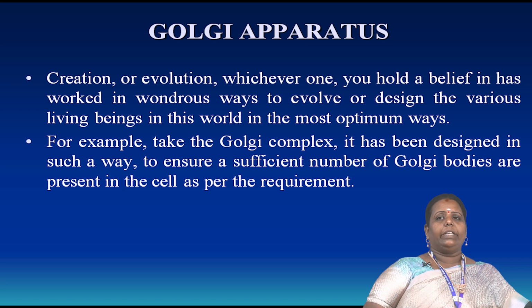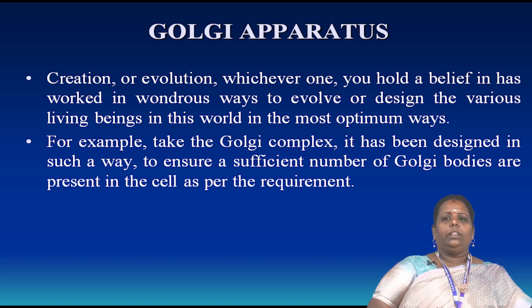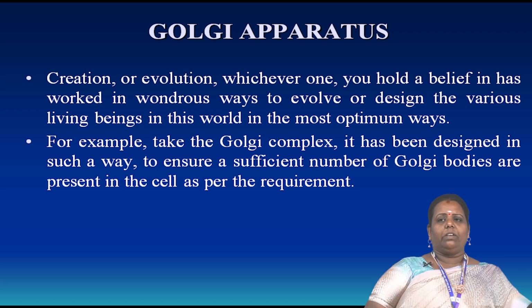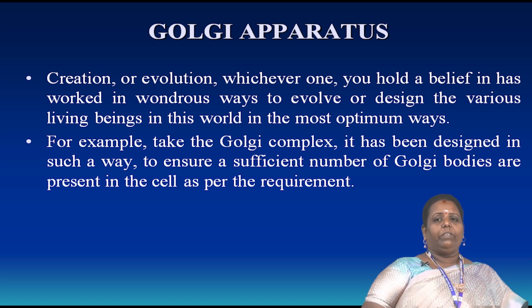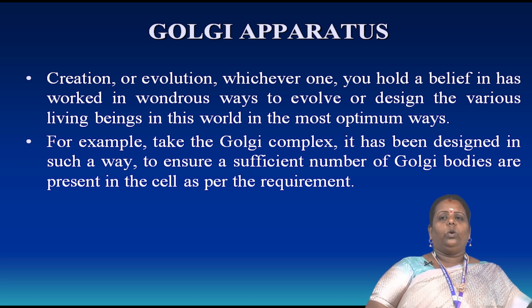Mostly in optimum ways it gives support to the cell. For example, the Golgi complex has been designed in such a way that it ensures a sufficient number of Golgi bodies are present in the cell as per the requirement. After that, we can do all the works normally in day-to-day activities. So the Golgi complex is a very important way to ensure the Golgi bodies in the cells.